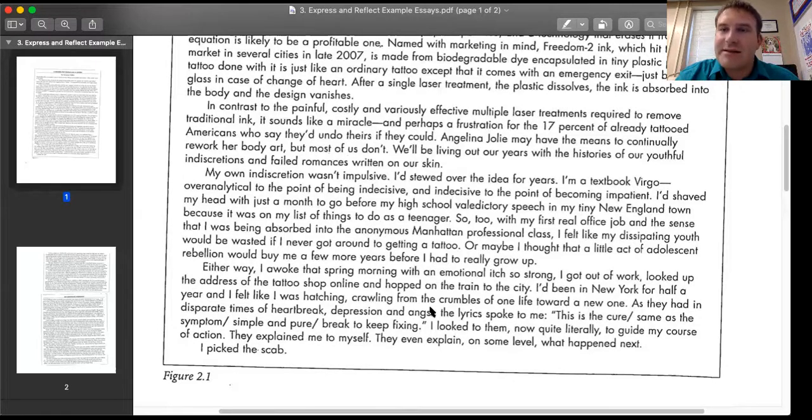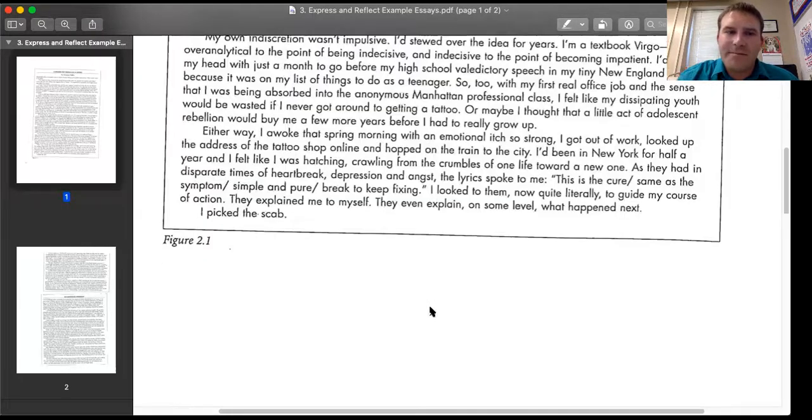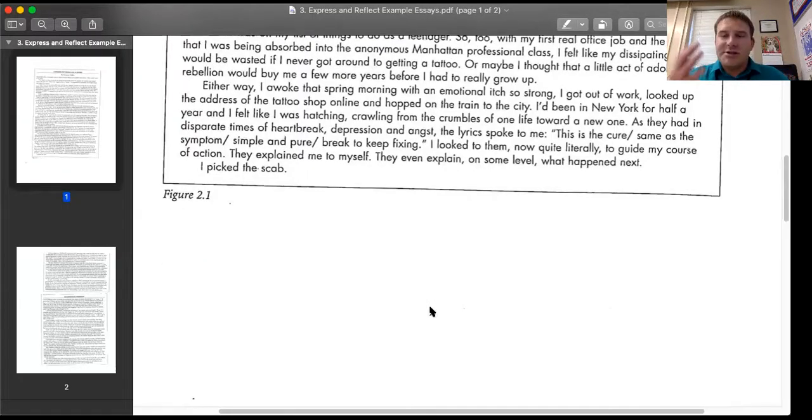And so she did this adolescent rebellious act to kind of cling on to her adolescence, her youth, for a little while. Now she's going to shift back to expressing. She's going to start telling us a story, and then when we flip to the back, she's going to start that interesting blend she does where she slowly transitions and shifts to reflective writing in the middle of her expression.